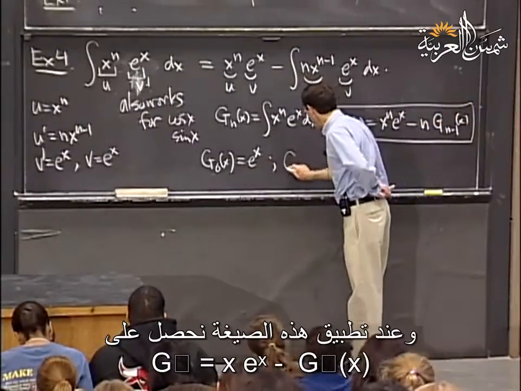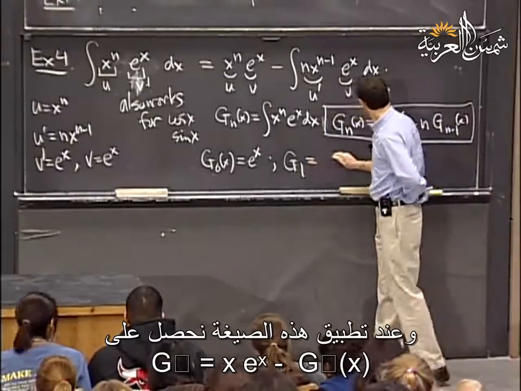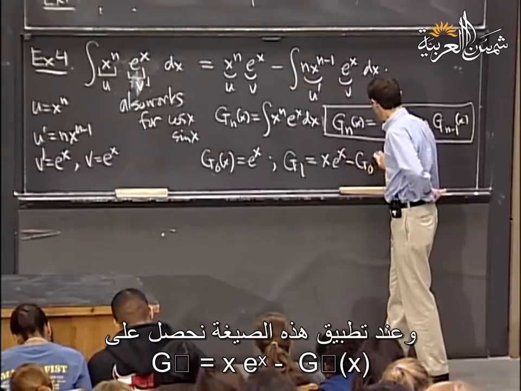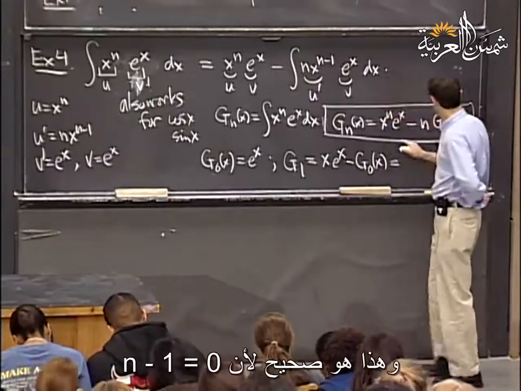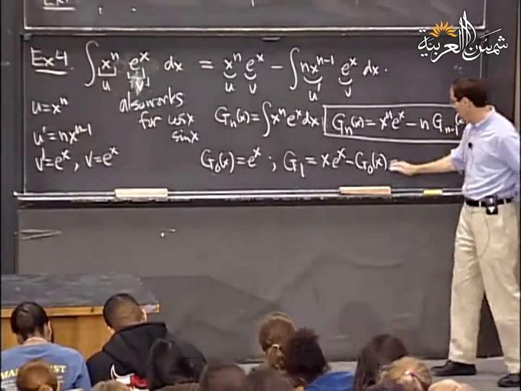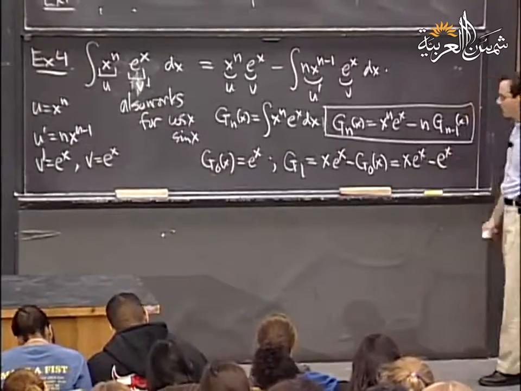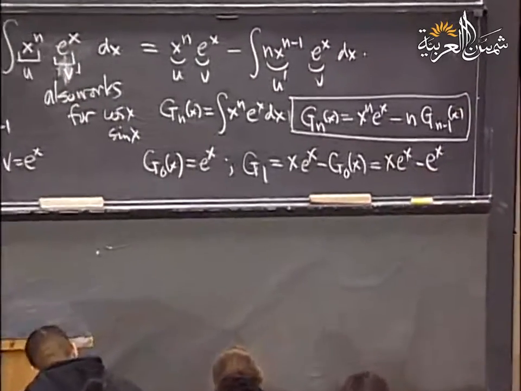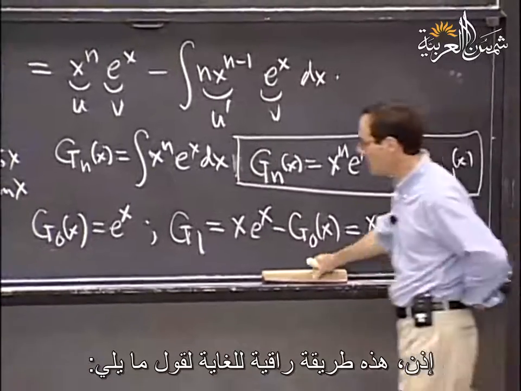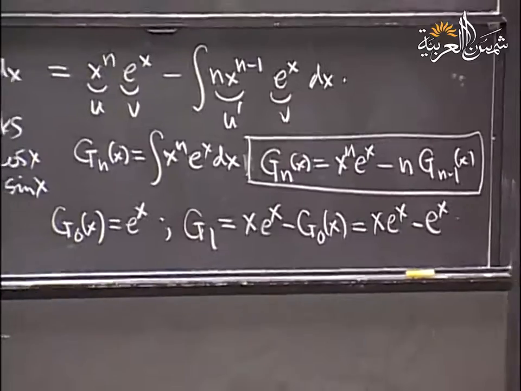And now g1, applying this formula, is going to be equal to x e to the x minus g0 of x, which is just right because n is 1 and n minus 1 is 0. And so that's just x e to the x minus e to the x. All right? So this is a very, very fancy way of saying the following fact. I'll put it over on this other board here.